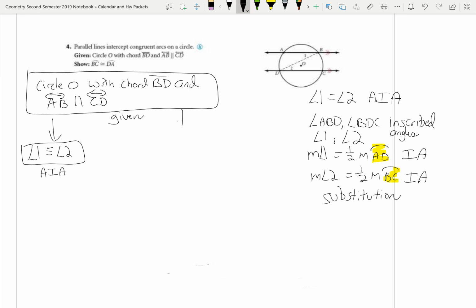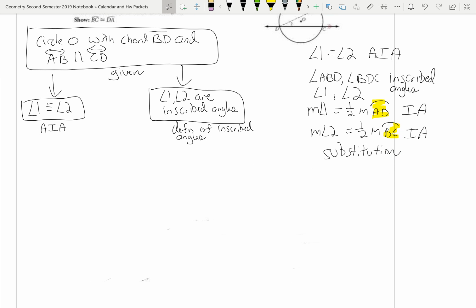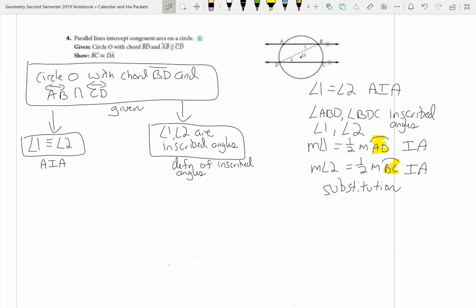And that's going to make angle 1 and angle 2 inscribed angles. And that's going to mean then, let's see what we got.